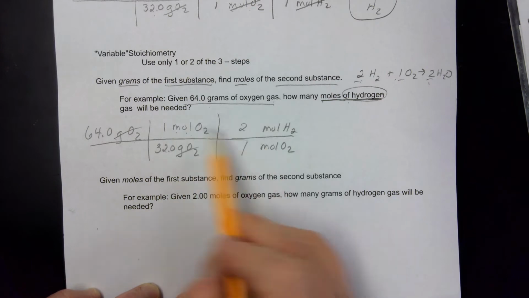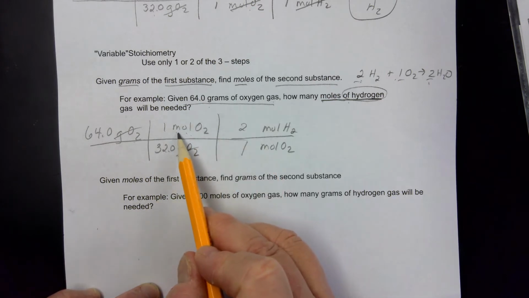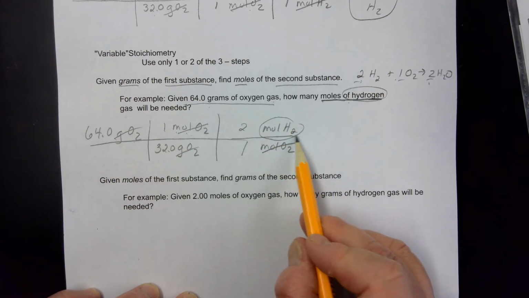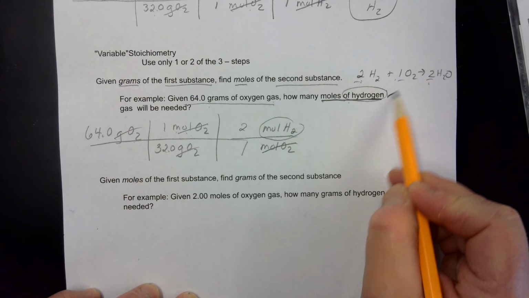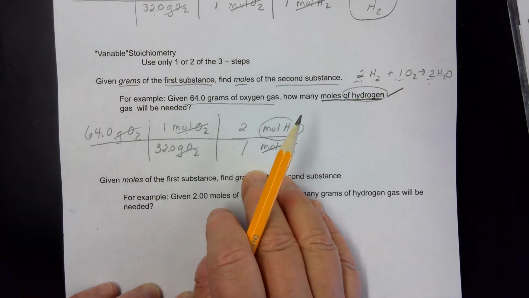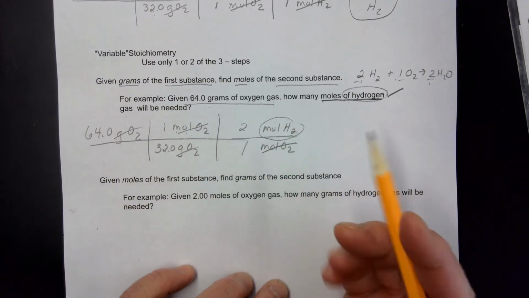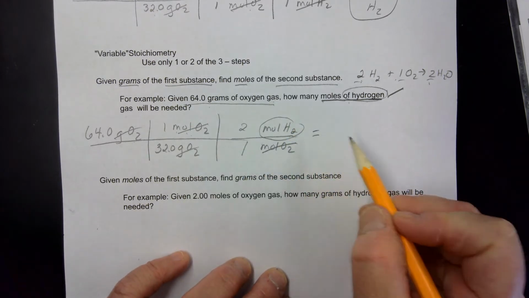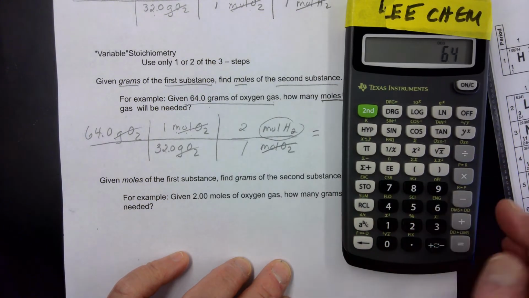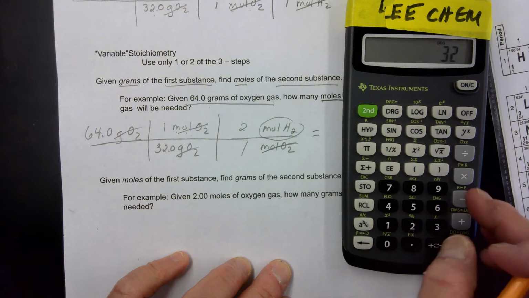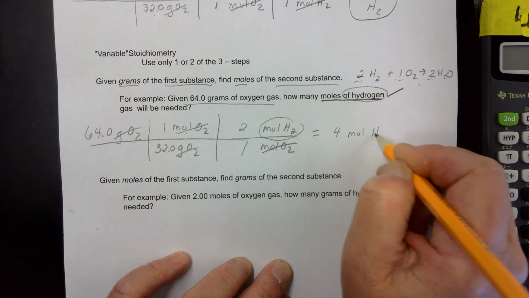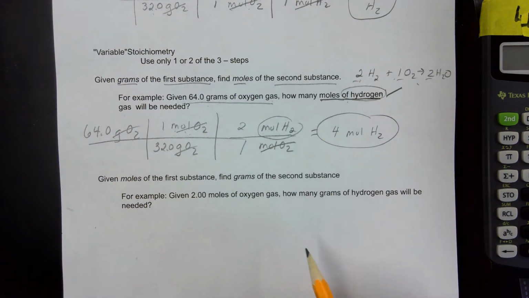If I stop the problem here, with moles of O2 canceling, my answer will be in moles of hydrogen, which is what we are trying to solve for. So here's a problem where it's almost a gram-to-gram problem. We just didn't need to do the final molar mass of hydrogen step, right? So if we calculate this, 64 divided by 32 times 2, we're going to get 4 moles of hydrogen.